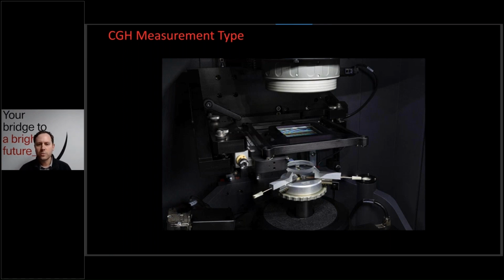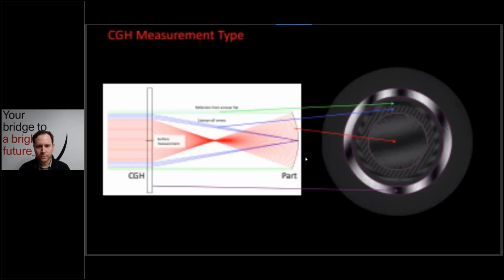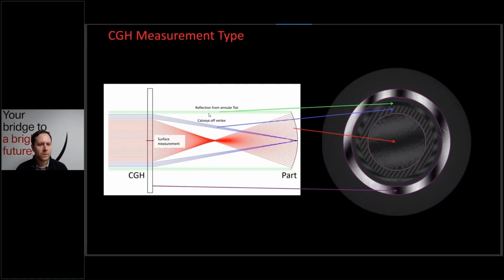So we say a transmission element that could be a flat or a transmission sphere feeding into the computer-generated hologram, which is a diffractive optical element that then will generate an aspheric wavefront to ultimately measure some part under test with a shape that is not a flat or a sphere, which we very typically will measure with a Zygo interferometer.